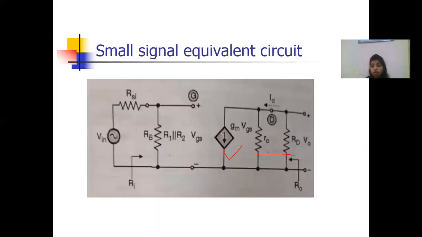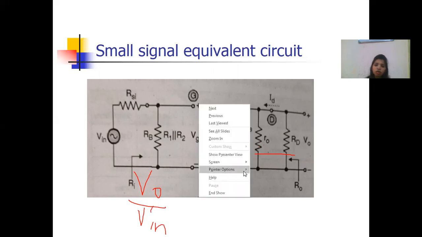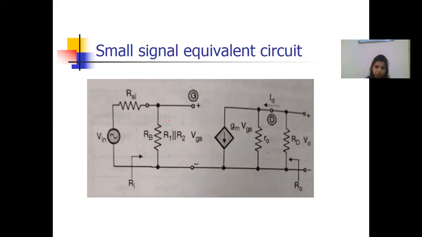See what we are calculating, we want V naught upon V in. That is the gain. Gain is output upon input. Now we want to calculate VGS here. If you apply the voltage divider rule, you calculate the voltage across this. This is VGS, the voltage between gate and source. So what is VGS?